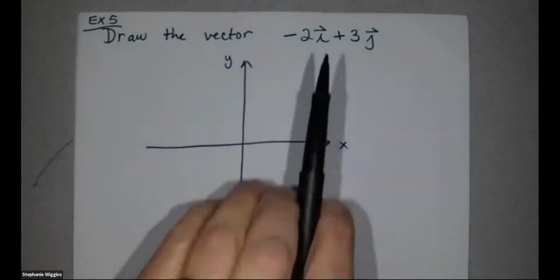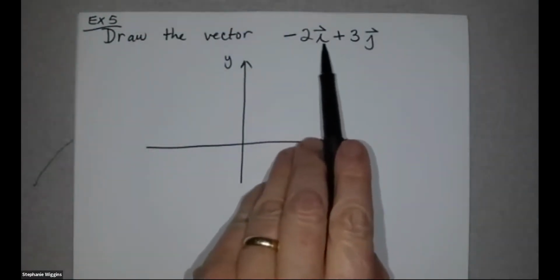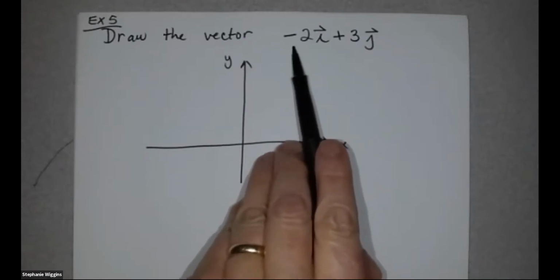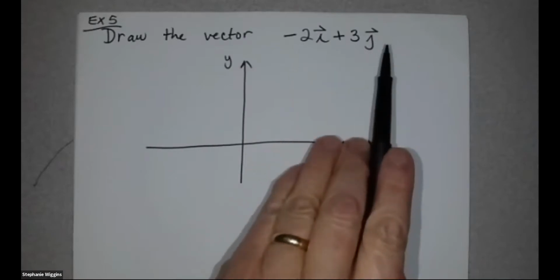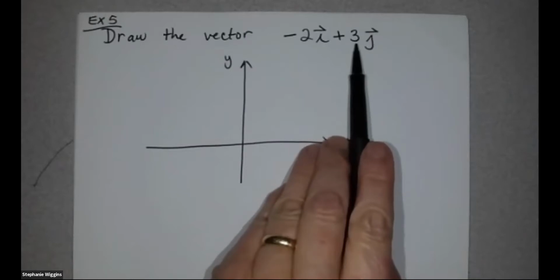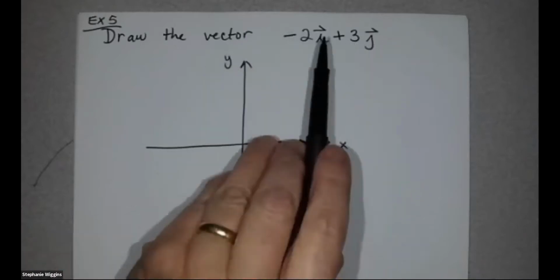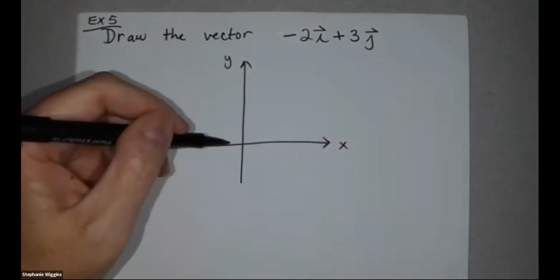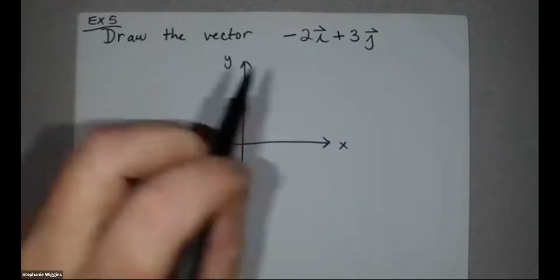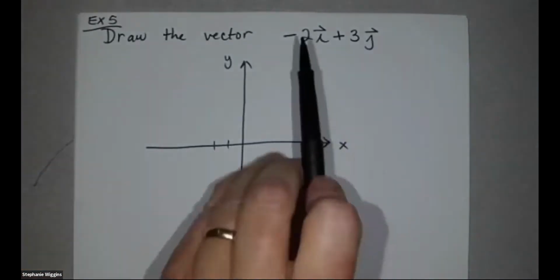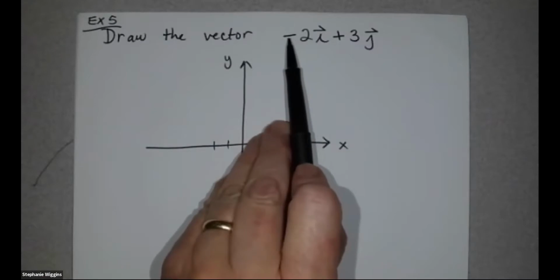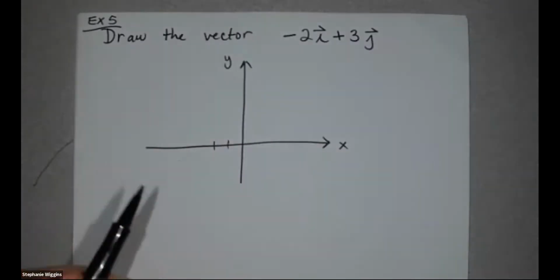So remember, the i vector tells you what the x coordinate is, and then the j vector tells you what the y coordinate is. So we have -2 in the x direction. So i points in the positive direction, but we're multiplying by -2, so it's going to end up pointing in the negative direction.